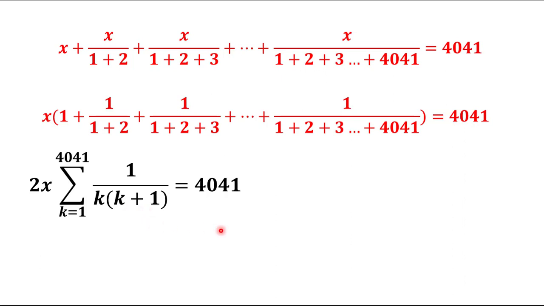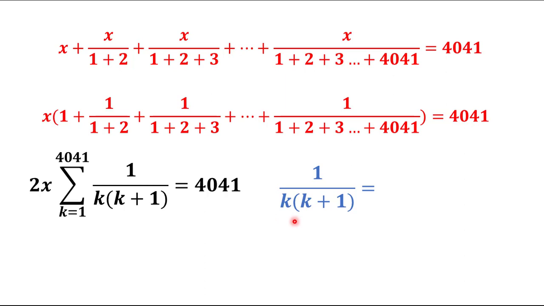We want to write the partial fraction decomposition. To write the partial fraction decomposition, we need to find the linear and quadratic factors of the denominator of this fraction.